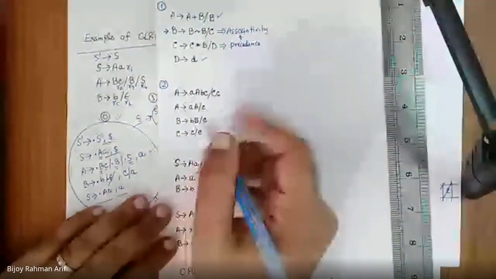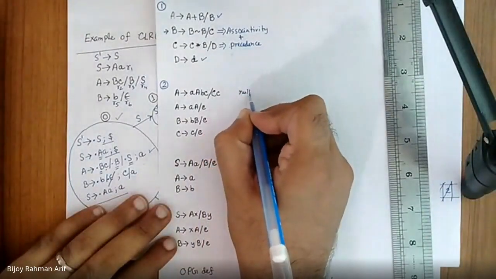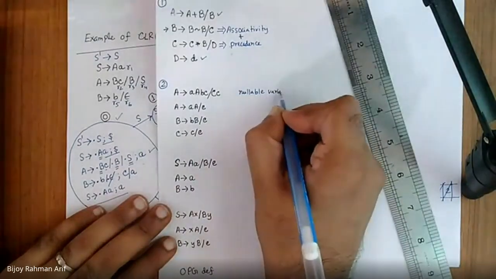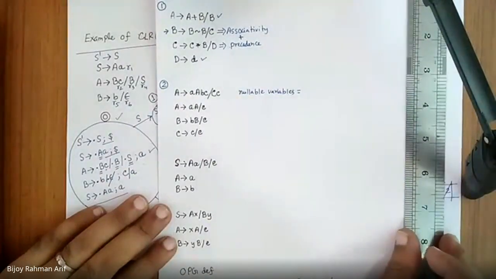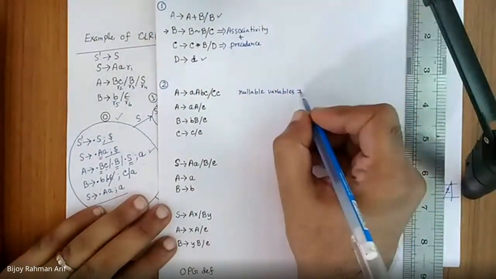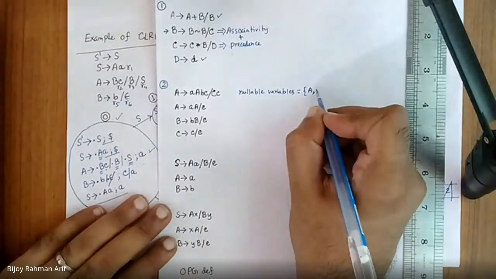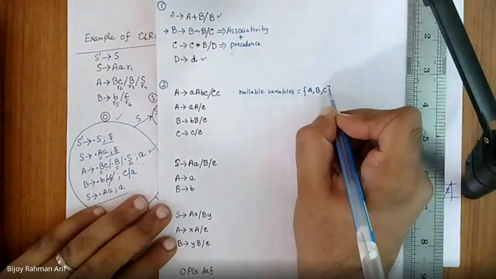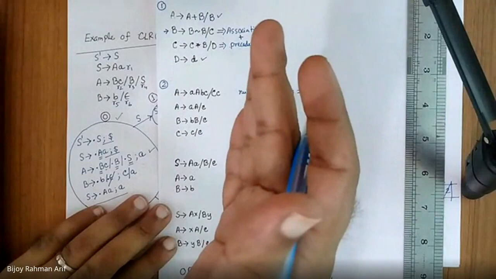We also call these nullable variables. So what are the nullable variables here? Those which can directly become epsilon. So here the nullable variables are A, B, and C. They can derive epsilon.